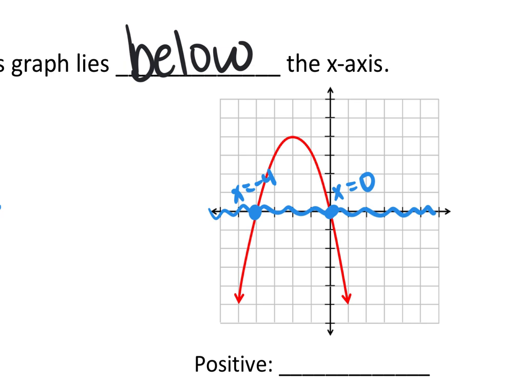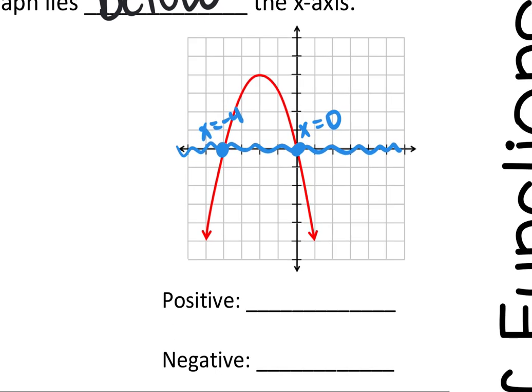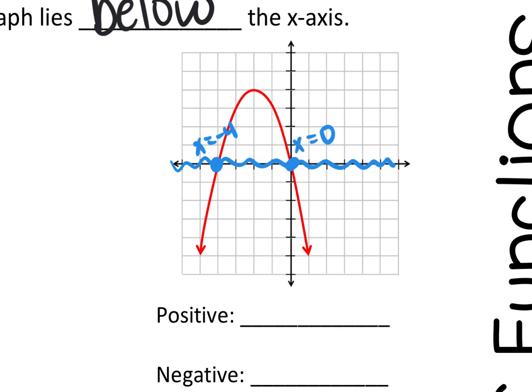So think about this graph kind of like a dolphin jumping out of the water, right? It's under the water, and then for this certain amount of time, it's jumping out of the water, and then it goes back into the water. So this graph is negative, then positive, then negative again. So it's positive in between these 2 x-intercepts.